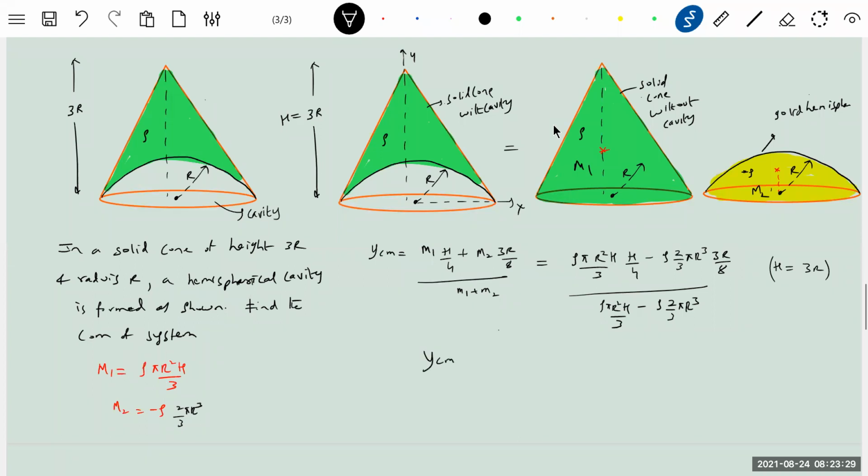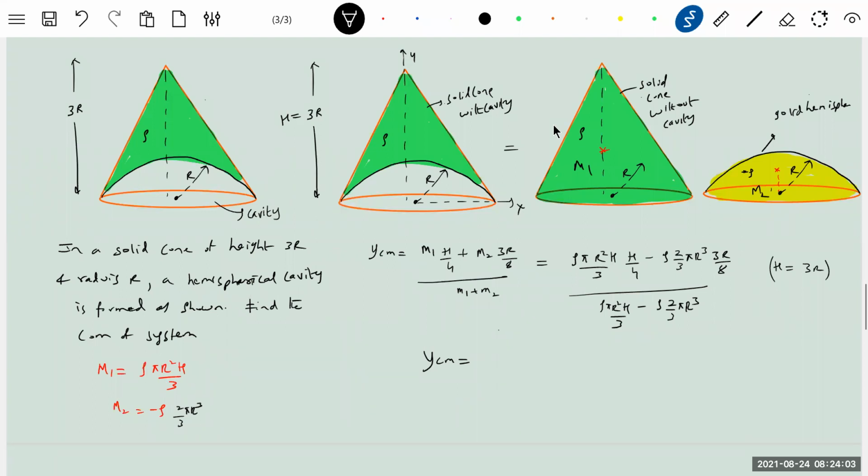Anybody give me the answer? h you have to substitute 3r. So rho pi r square will anyway get cancelled. Check it. Rho pi r cube will get eliminated. Let me go for it. Rho pi r square by 3, I'll take it out.